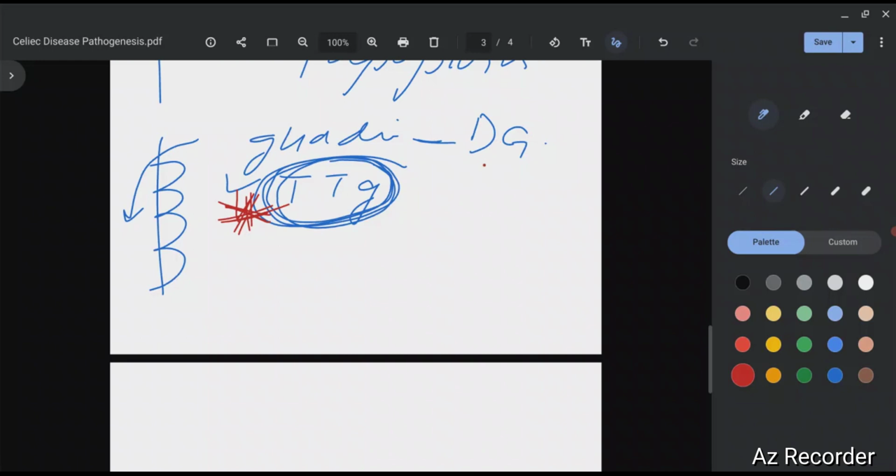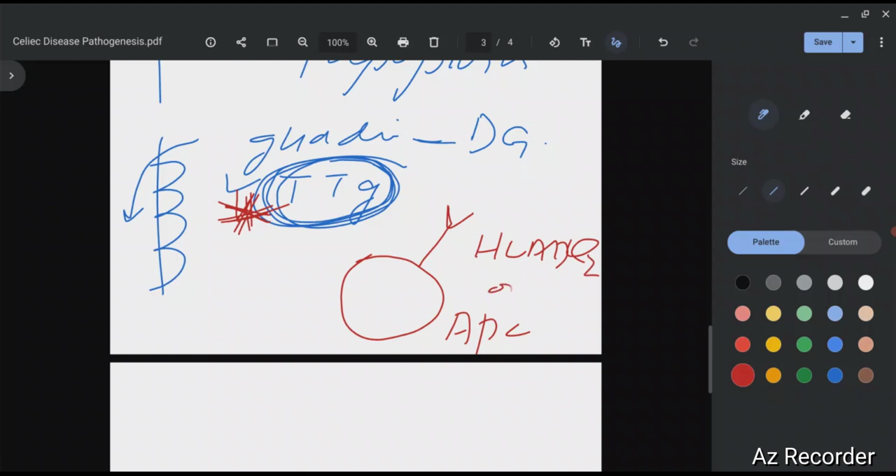Now, this deamidated gliadin is recognized by certain kinds of antigen-presenting cells, which have HLA-DQ2 or DQ8. Okay, DQ2 or 8. With HLA-DQ2 or DQ8, these antigen-presenting cells recognize this deamidated gliadin.